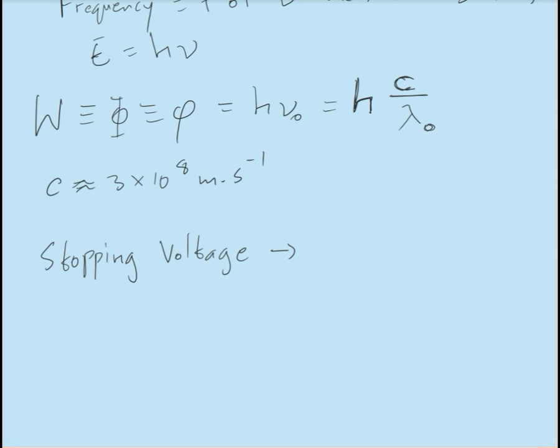So if you take the kinetic energy of your electron, K max, whatever you want to call it, we can write this as electron volt, and I'll put a small s there for stopping. So this is the stopping voltage. So it's effectively the same thing.